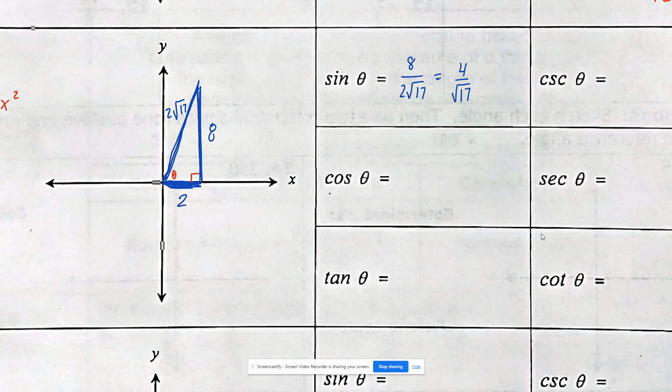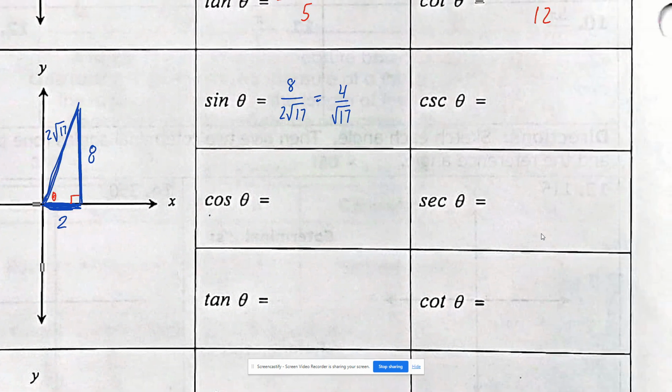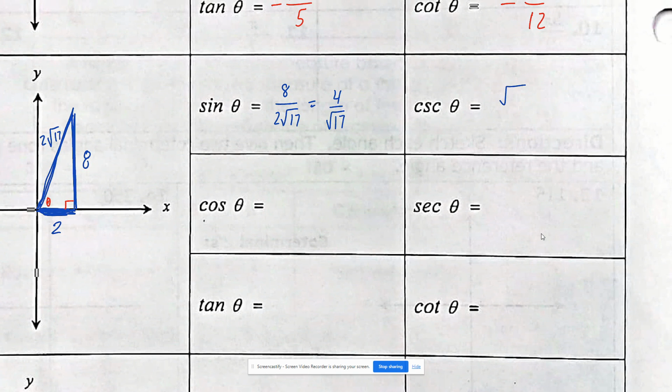So sine, simplified, is 4 over the square root of 17. Now for cosecant, I'm going to do square root of 17 over 4. But also, if I chose to rationalize the denominator, that answer would be 4 square root of 17 over 17. So remember, I'll take either of those. I'm 100% fine with that.